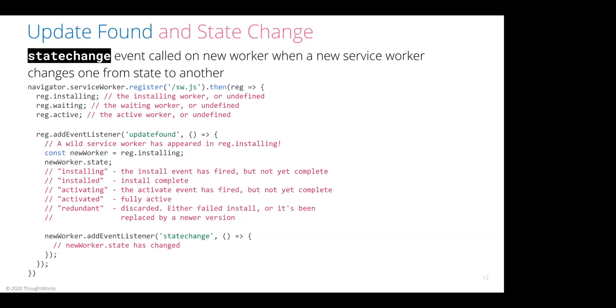You can track all of its states, whether it is installing or successfully installed, activating or completely activated, or it is a discarded service worker. That means this would be there when you don't want the new service worker. And finally, in this, you get this event listener state change, where you can again handle that state.